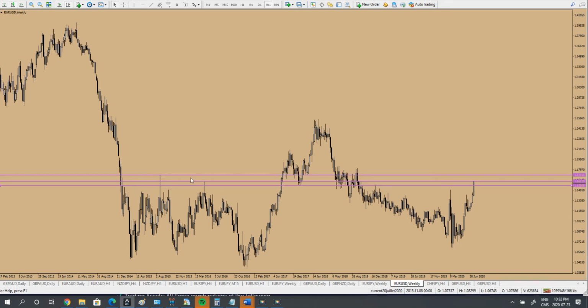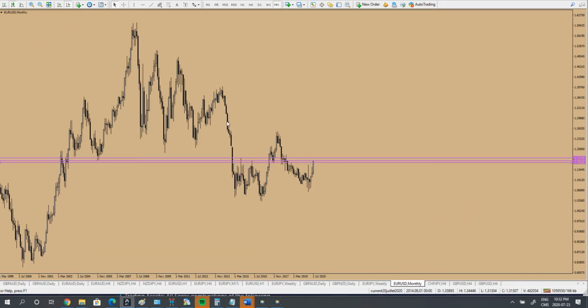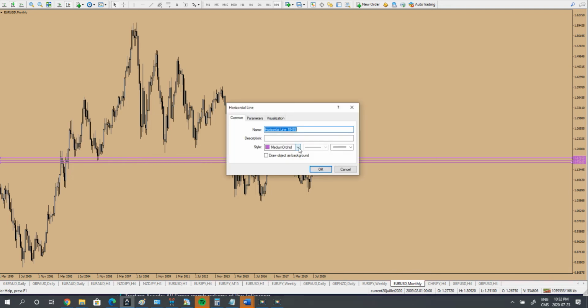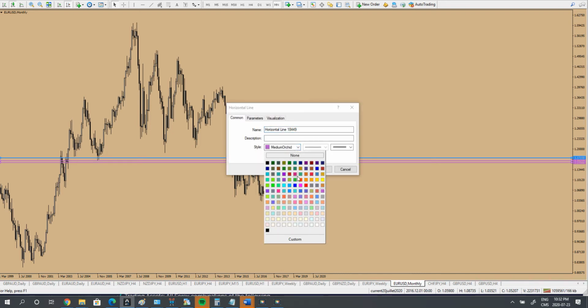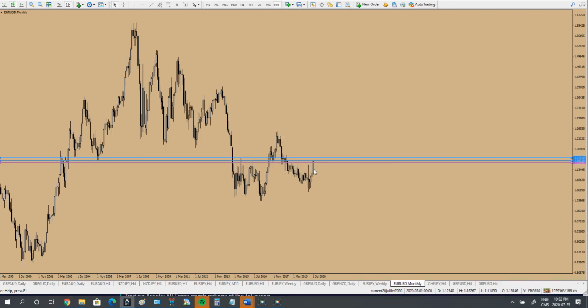So you could define the zone around that area, right? If you look in terms of monthly, that would be defined as a monthly. So this would be a monthly resistance.